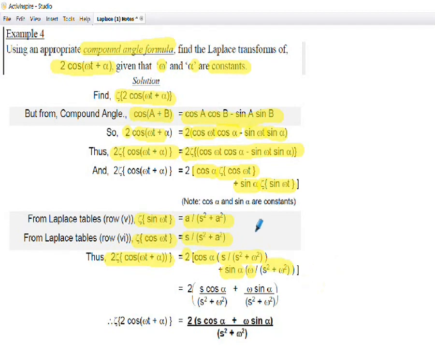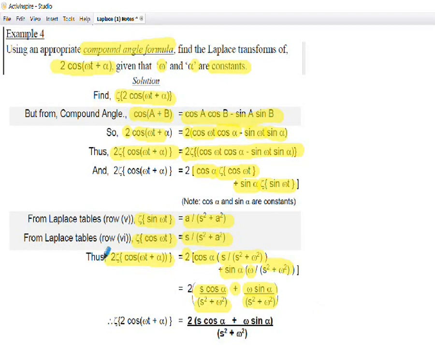Okay, again just rewriting that slightly on the next line, I've simplified it here. I've got s times cos alpha on the numerator for the first term over s squared plus omega squared, and then I'm adding to that omega times sine alpha, slightly rearranging the numerator there, over s squared plus omega squared. Notice the denominators of both fractions are the same here, so we can write them over the same fraction.